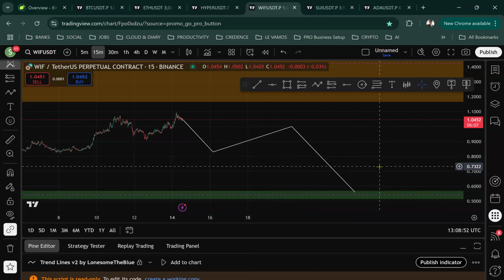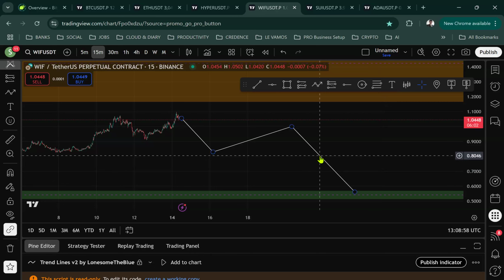It's not that you cannot sell from here to this zone, but because the major trend is uptrend, it can go up at any time.